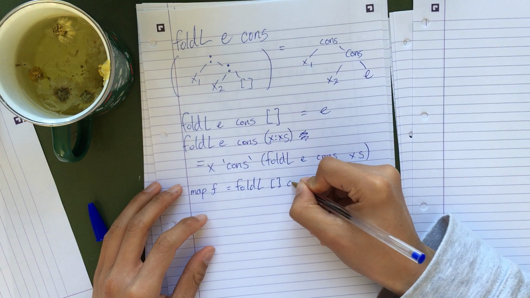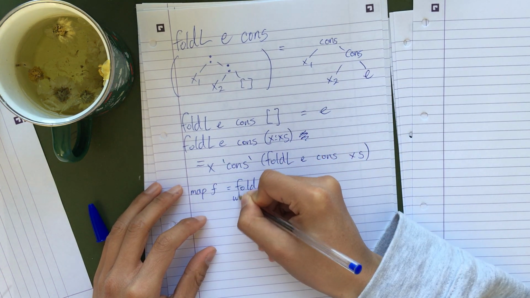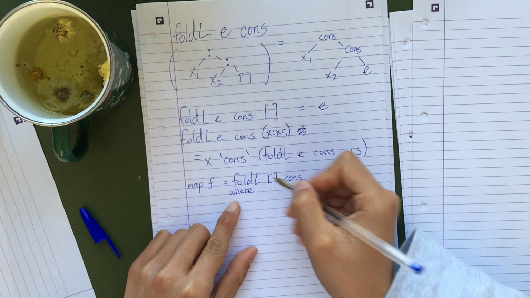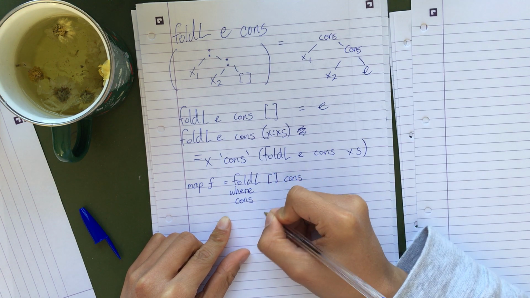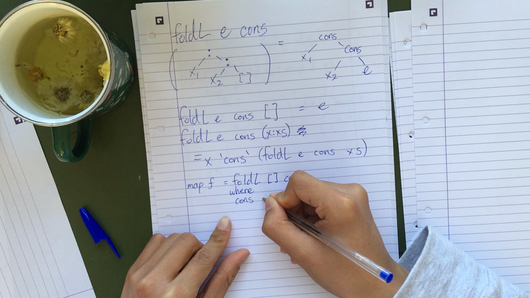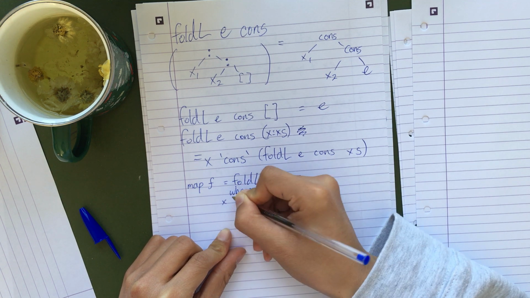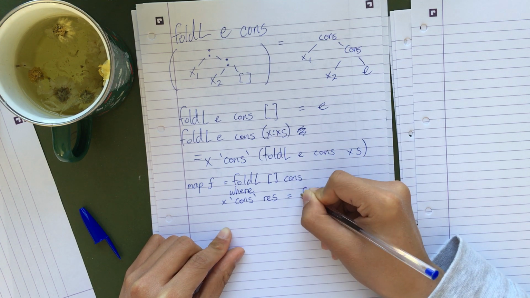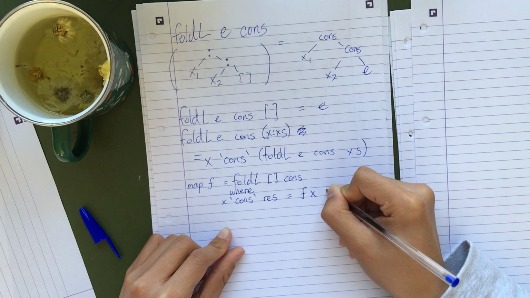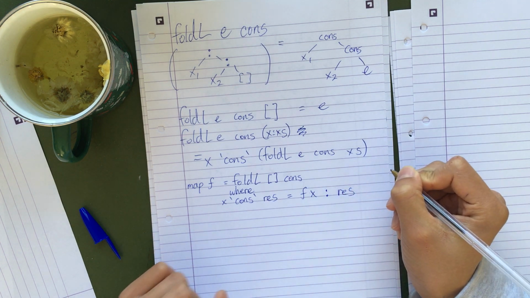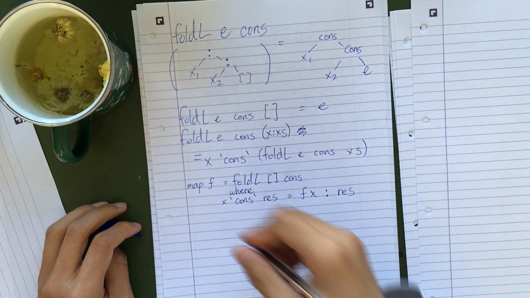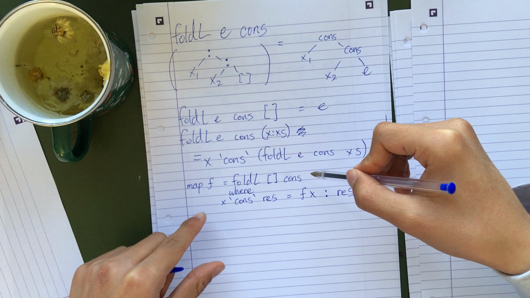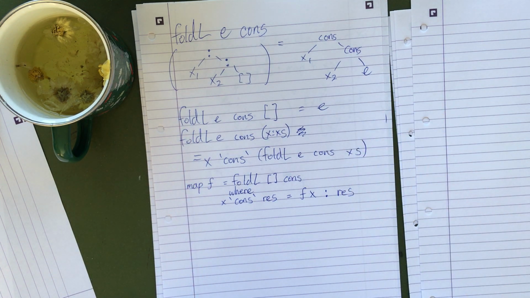But that's a bit complicated to write down, so I'm going to give myself more lines of code, where x cons onto the result of the rest of the fold is going to be equal to f x cons onto the result of the fold. Okay. Cool, right? This is more concise than the map earlier, and it puts it into this family.